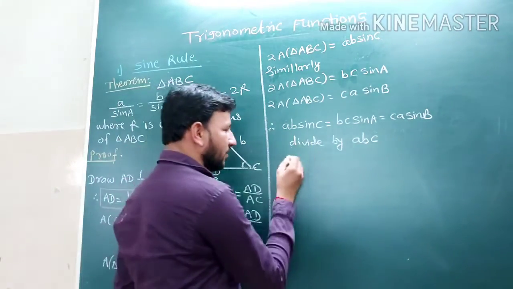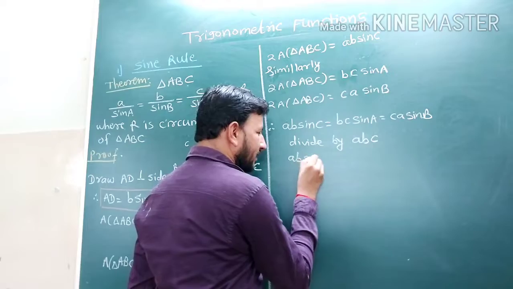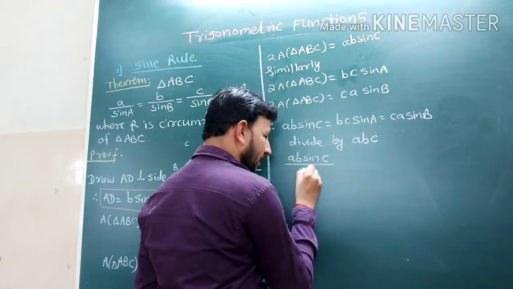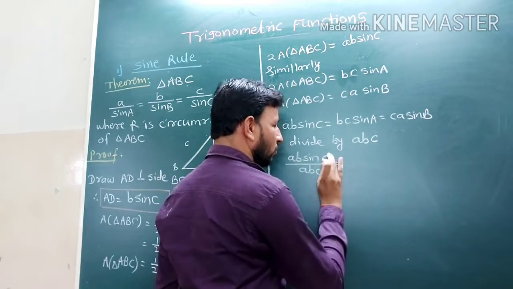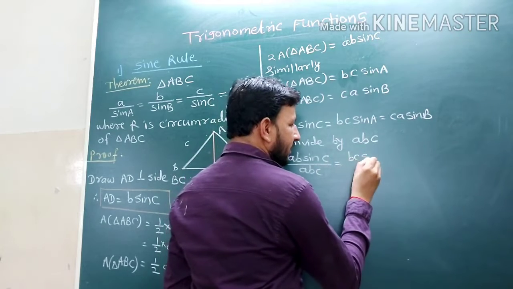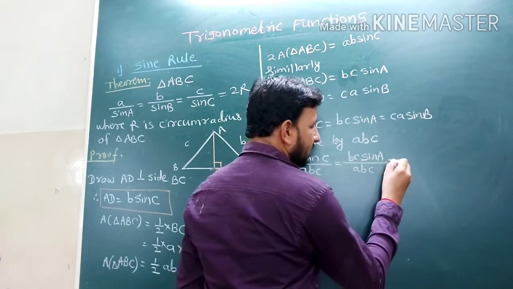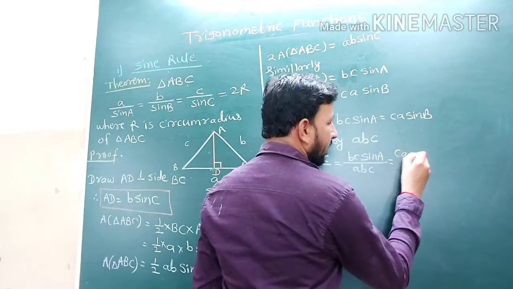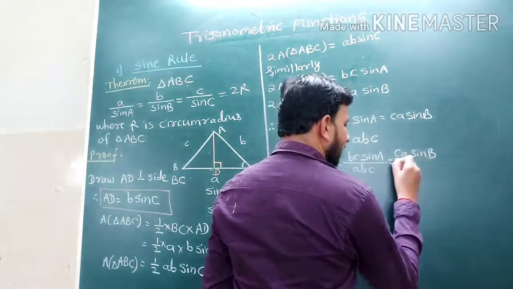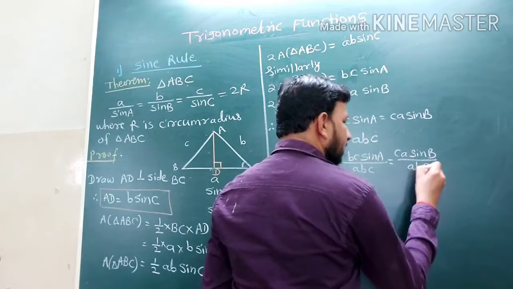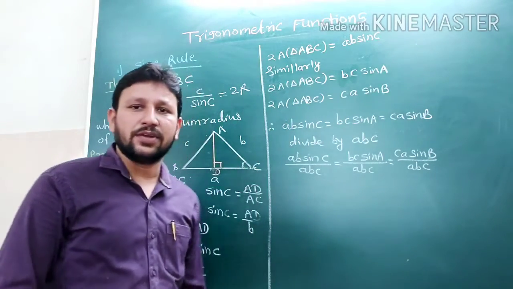Let us check. First, ab sin C divided by abc is equal to bc sin A divided by abc is equal to ca sin B divided by abc. Check the calculations.